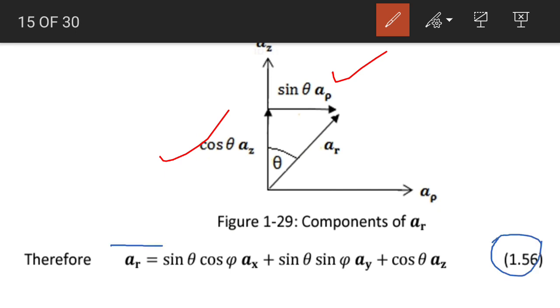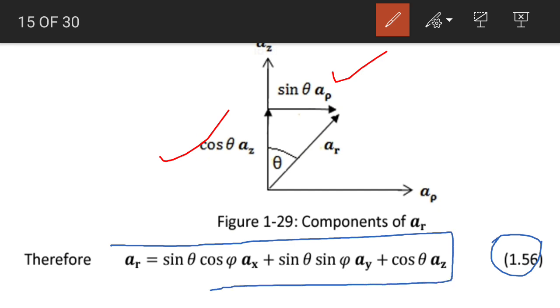So ar will be equal to sin theta cos phi ax plus sin theta sin phi ay plus cos theta az. So you see, this unit vector is in terms of ax, ay, and az.